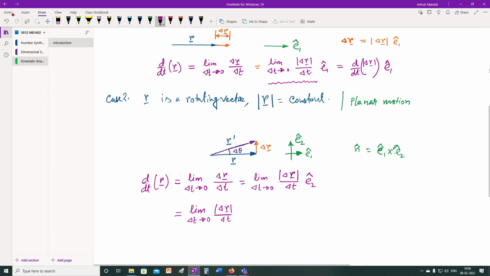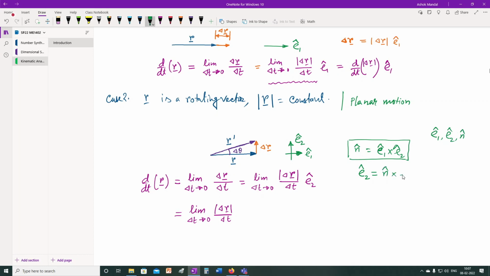From here you see we have written the unit vector n like this. Similarly, can we write down E2 as a cross multiplication of two other unit vectors? The unit vectors are E1, E2, n, and E2 is n cross E1.